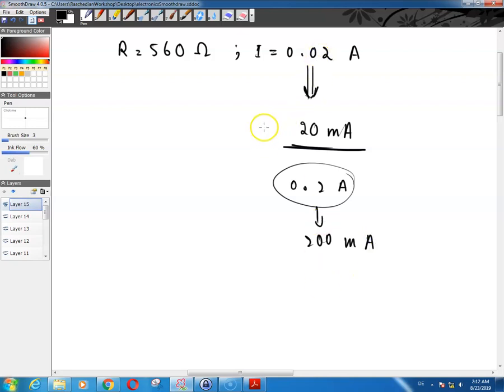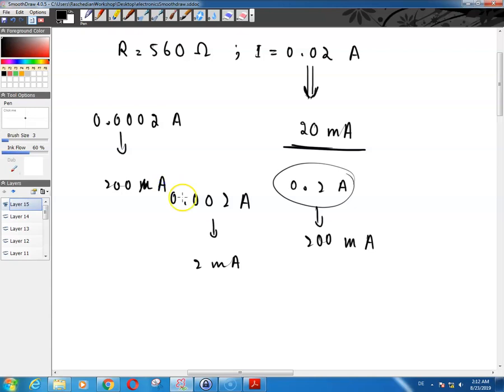If you had 0.002 amps, they would call this 2 milliamps. If you had 0.0002 amps, they would call this 200 microamps, and so on and so forth. But we will get to that part as well.